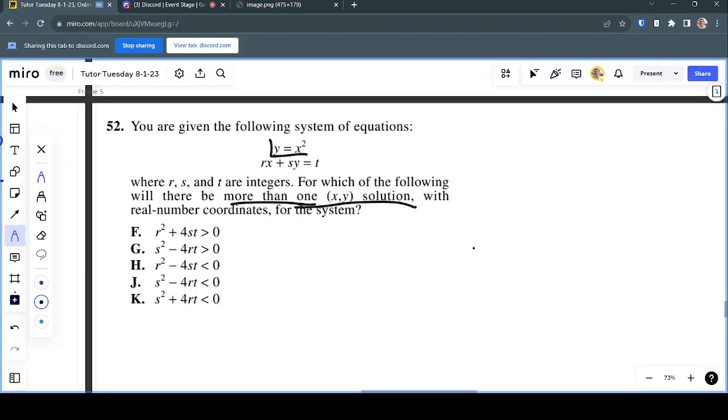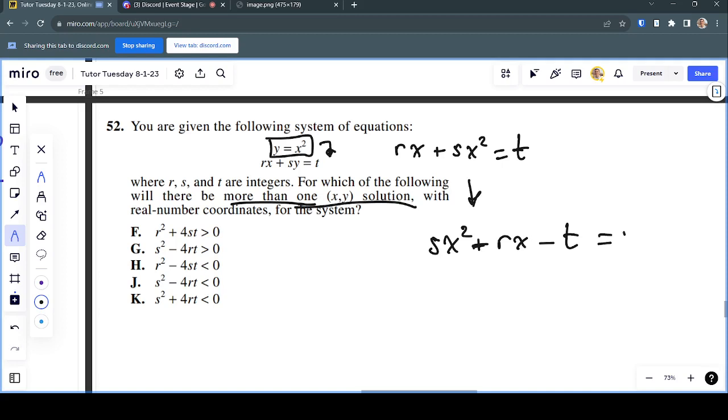I can substitute that into the bottom equation, and I'll get rx plus sx squared equals t. I can further rearrange that to get sx squared plus rx minus t equals 0.